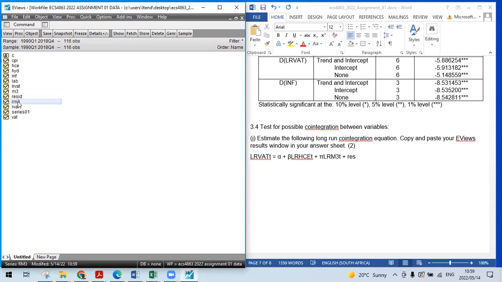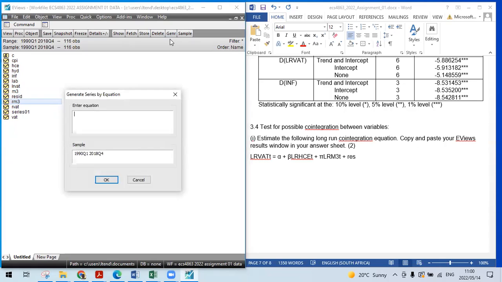Can you see that I have my RM3 there? On top of that, I have to log it. How do I log it? I go to generate. I want LRM3 equal to log of what? RM3. Then I close. Are we together there?